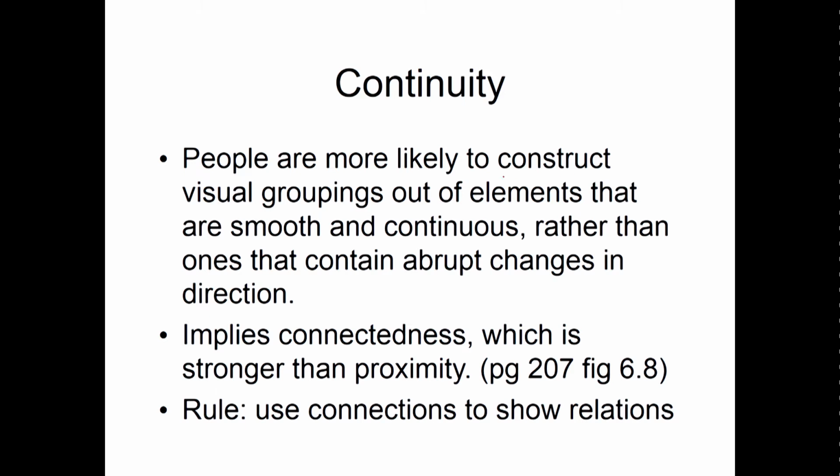The fourth law is the continuity law. People are more likely to construct visual groupings out of elements that are smooth and continuous, rather than ones that contain abrupt changes in direction. It implies connectedness, which is stronger than proximity. Use connections to show relations.